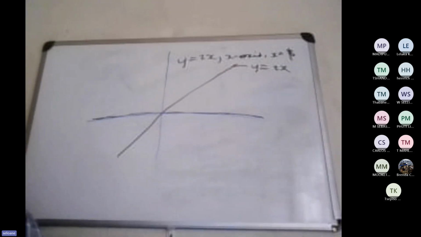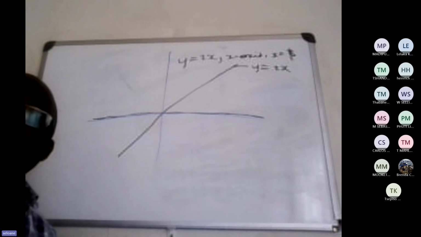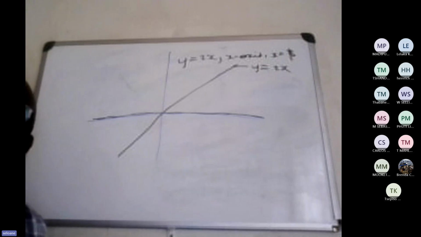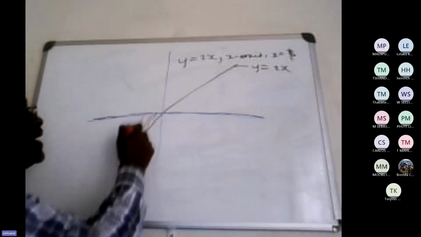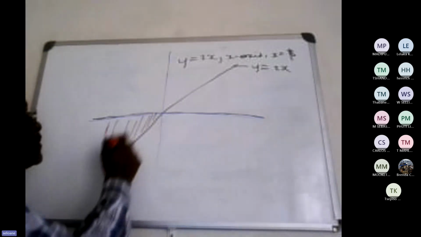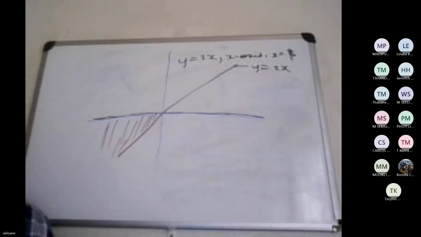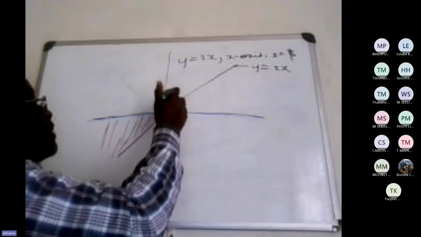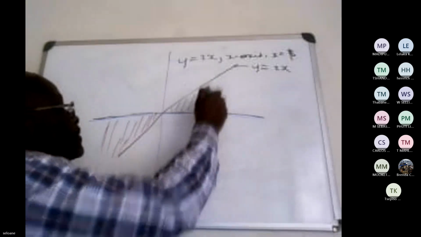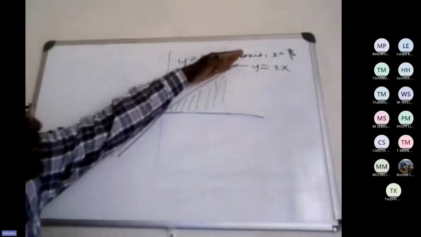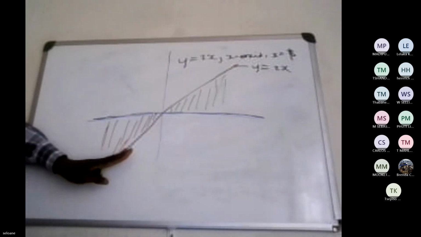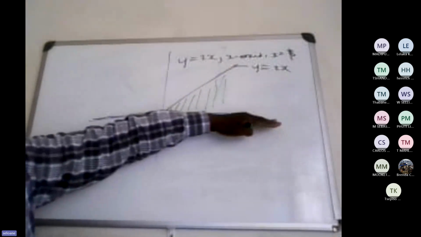Which region are we talking about? Do you have any idea? Definitely it will be something here, or something in between. Because they say one of the fences will be this, and the other fence is this one.